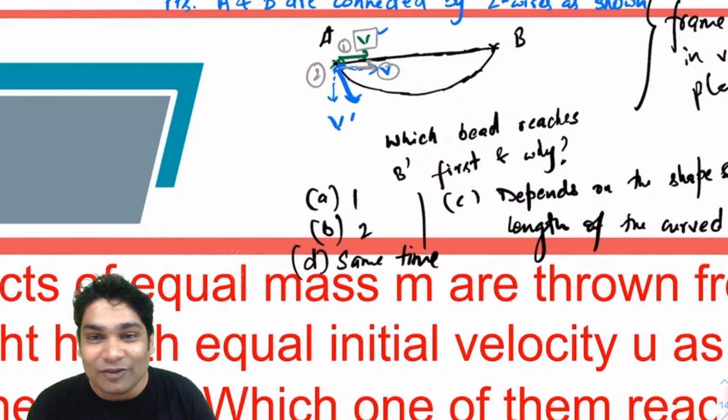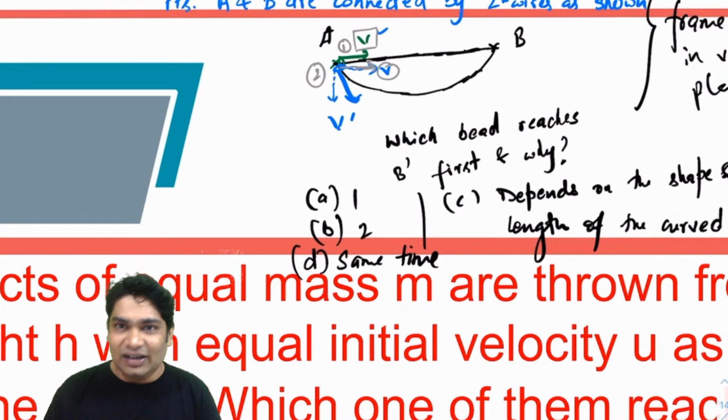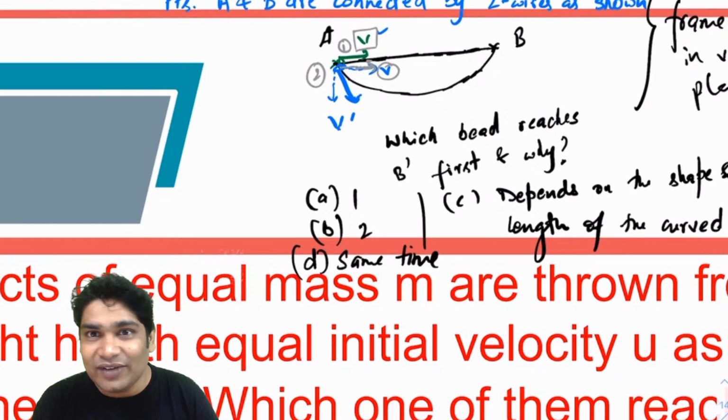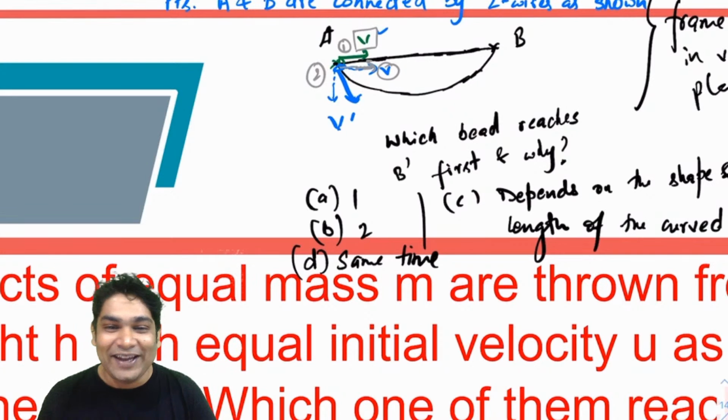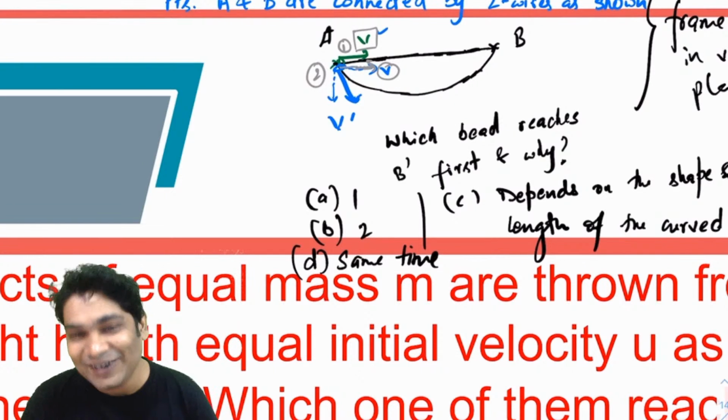Alright, just have to think about it. Let me tell you that if not exactly this, a very similar problem was asked in JEE Advanced. So this is what JEE Advanced problems will be like. Finally, the fourth option as well.